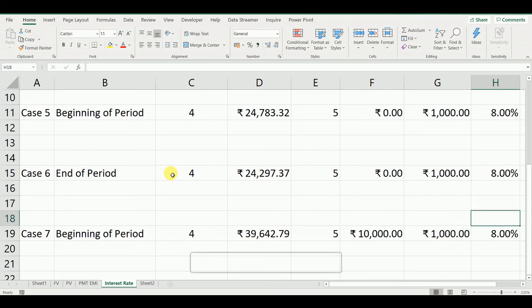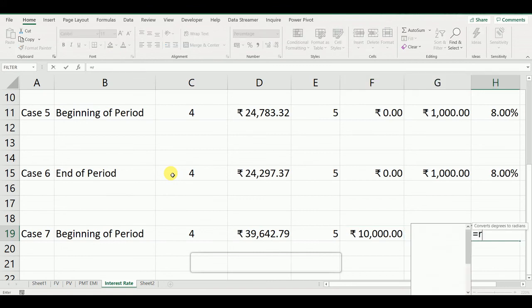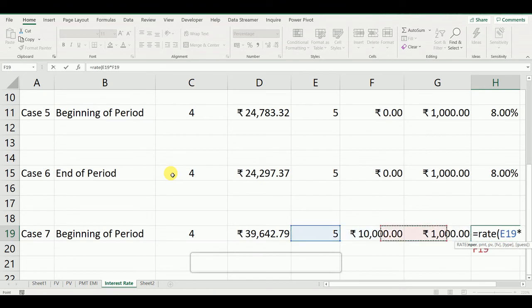So in this example, we have invested 1000 rupees quarterly with a down payment of 10,000 rupees, and we are getting 39,642 after 5 years. So we want to get the rate of interest. So here rate number of periods is this into 4.